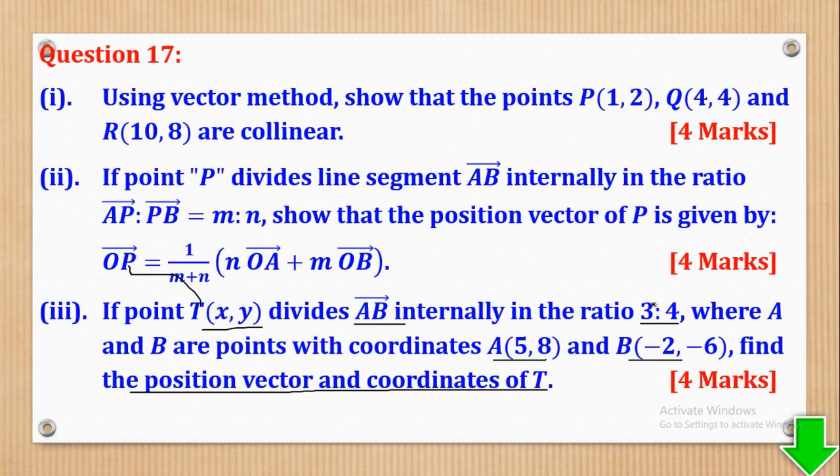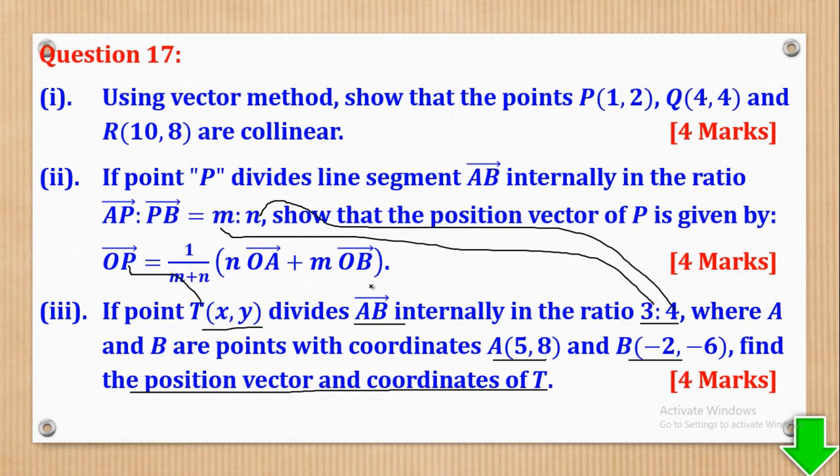Then 3 is the value of M and 4 is the value of N. So we are going to substitute that in this formula. OA is already given, and OB is given. So let's substitute that in the formula to get the answer for Roman 3.